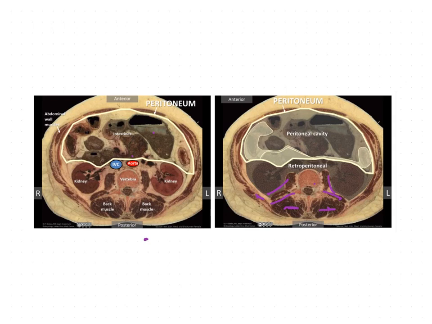Behind this peritoneum, on the dorsal aspect, is the retroperitoneal space. In that space you can find the kidneys, and also the aorta and inferior vena cava on the posterior abdominal wall, in the retroperitoneal space.